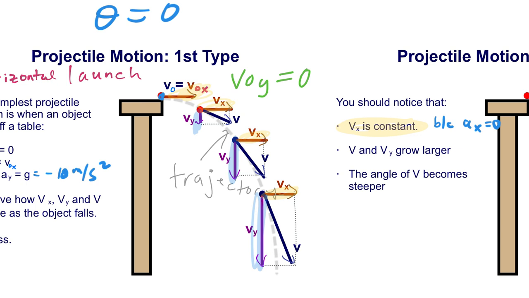So the resultant velocity, shown by the black arrow in the middle, keeps on getting larger and larger as well, because the y component is getting larger. And then the angle from the horizon, this angle right here, keeps on getting bigger and bigger. Okay?